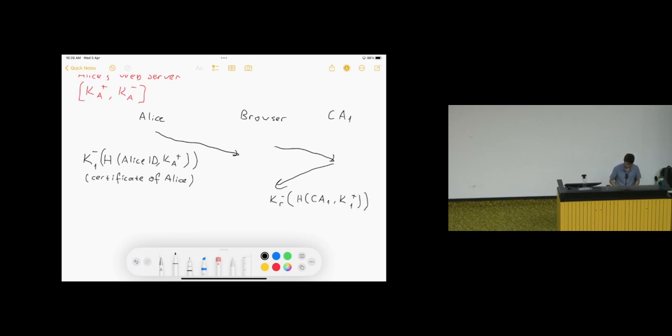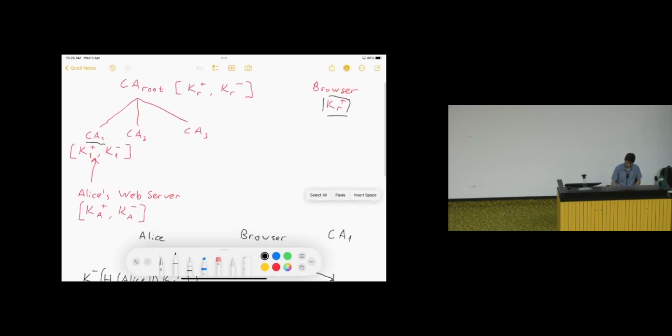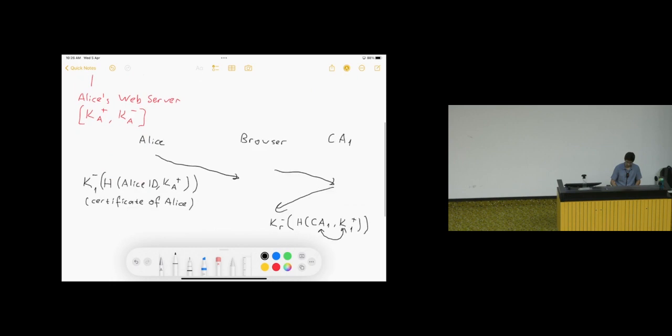Right, so this is the signature generated by the root certificate authority binding this public key to this certificate authority 1. You can verify this using KR plus, right? Your browser already knows KR plus.